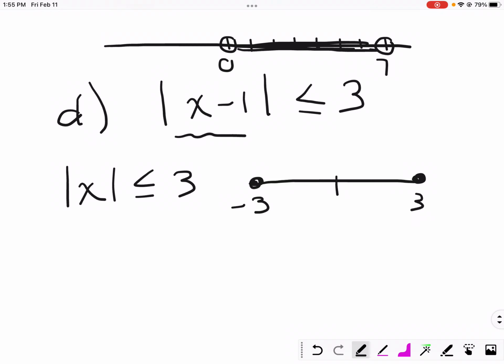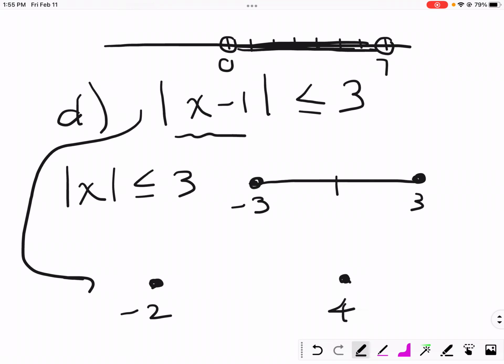If I take this solution and move it to the right 1 unit, I'm going to wind up from -2 to +4. Again, that's if you know a little bit about how graphing works and the fact that this x minus 1 really means 1 to the right.